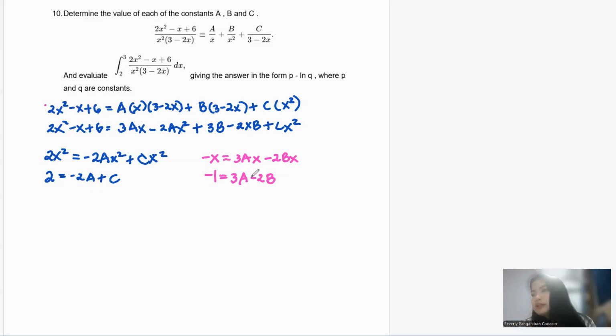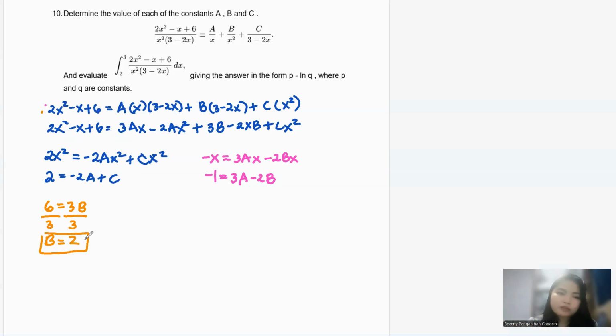We're not yet done. You can have the last one, which is the 6, the constant. 6 is equivalent to all of my constants, which is 3b only. Oh, this one is easy because I can get the b right away: divide both sides by 3. Then my b is equal to 2. Easy peasy.